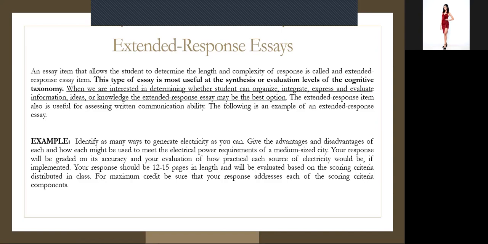Your response will be graded on its accuracy and your evaluation of how practical each source of electricity would be if implemented. Your response should be 12 to 15 pages in length and will be evaluated based on the scoring criteria distributed in class. For maximum credit, be sure that your response addresses each of the scoring criteria components.